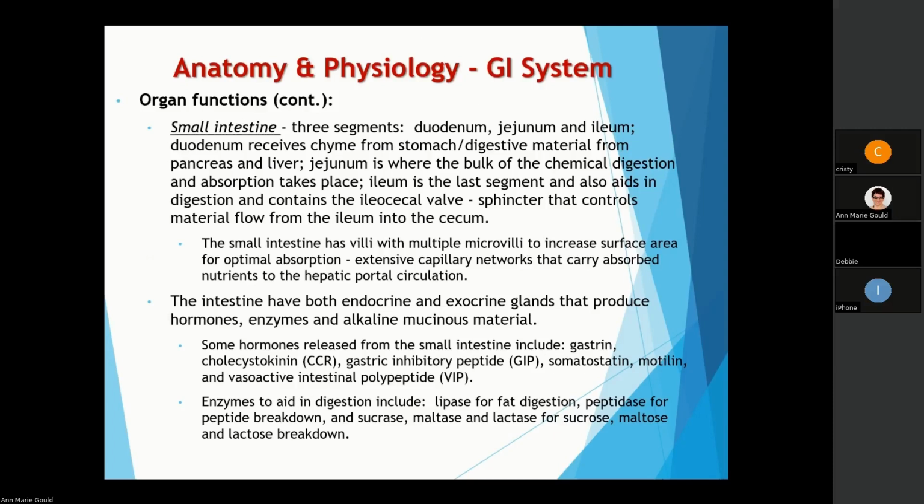Enzymes to aid in the digestion include your lipase for fat digestion, your peptidase for peptide breakdown, sucrase, maltase, and lactase for sucrose, maltose, and lactose breakdown.